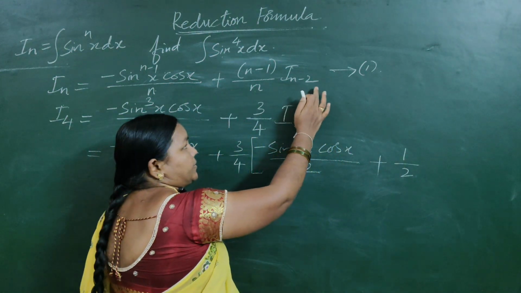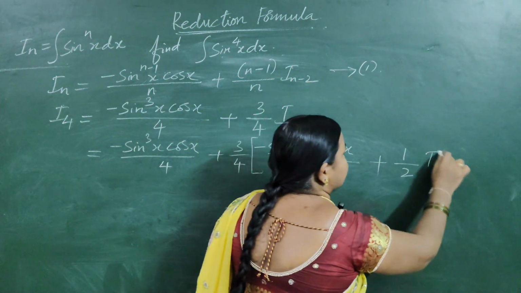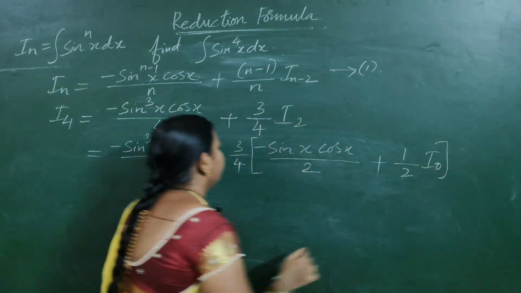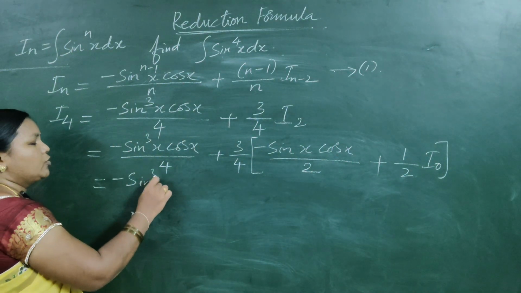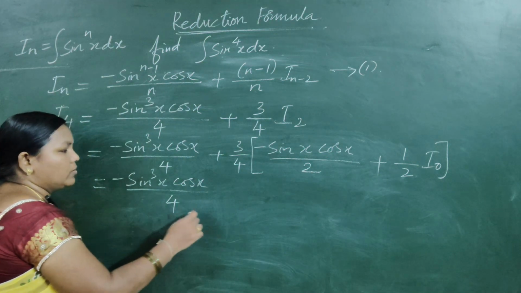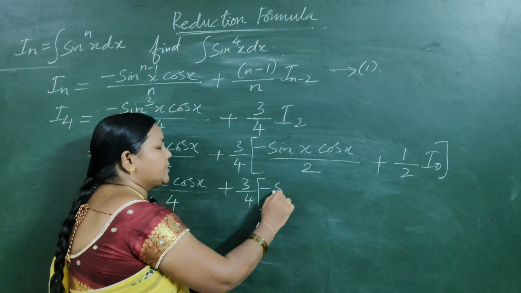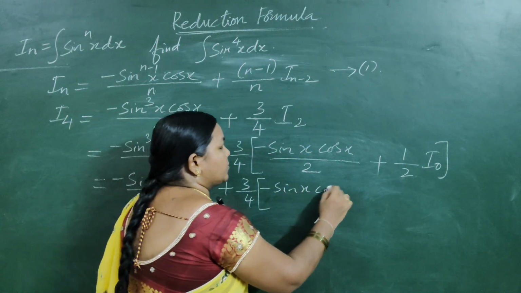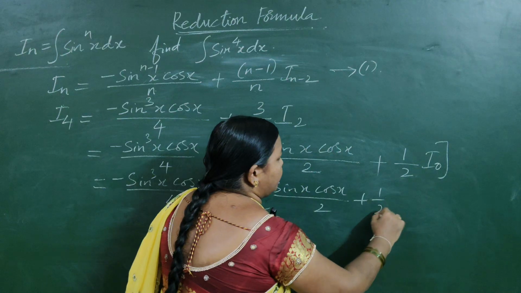Next n minus 2, the n value is 2, 2 minus 2 is 0, that is I0. Equal to minus sine cube x into cos x divided by 4 plus 3 by 4 into minus sin x into cos x by 2 plus 1 by 2.